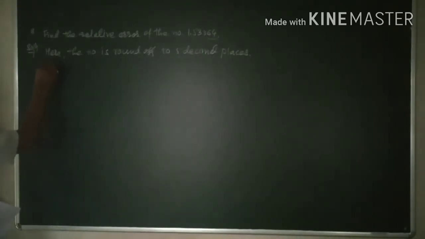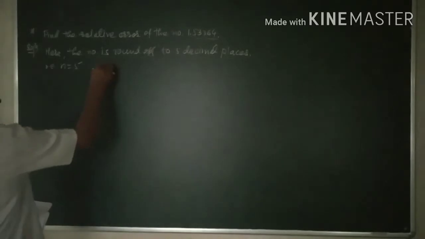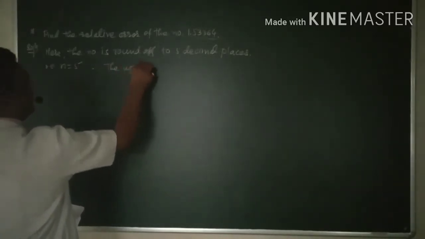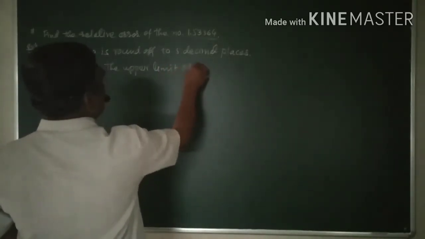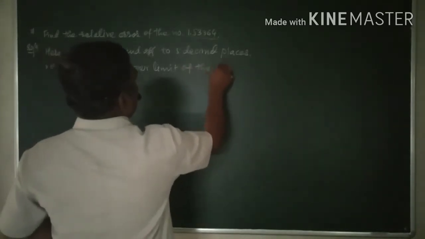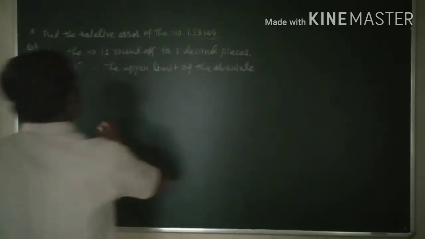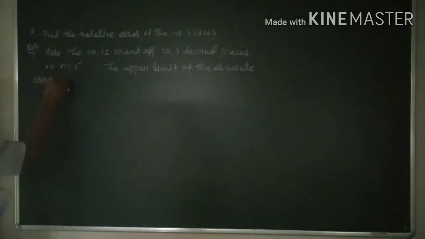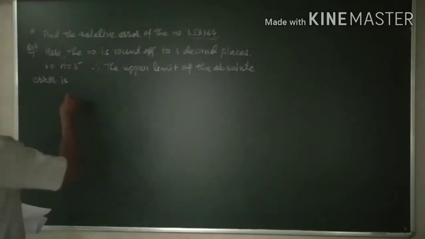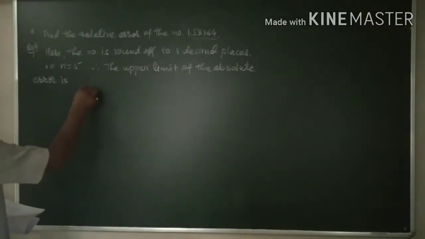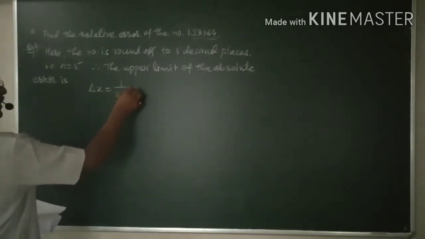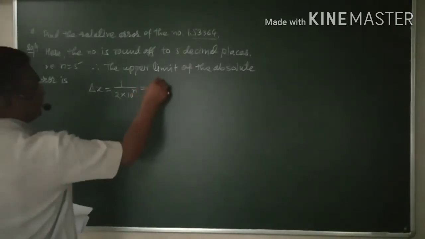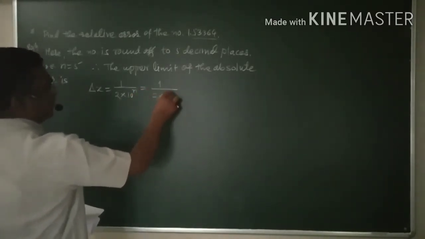That is, n is equal to 5, and therefore the upper limit of the absolute error is, yes, the formula is delta x is equal to 1 upon 2 into 10 raised to n.